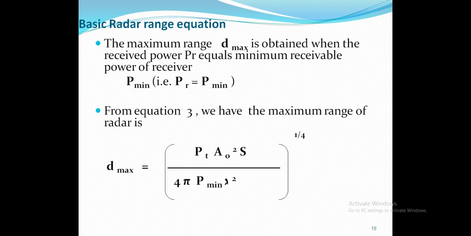We will get Dmax is equal to PT A naught square S by 4 pi P minimum lambda square, all to the power of 1 by 4. So from all these equations, the maximum range radar equation is Dmax is equal to PT A naught square S by 4 pi P minimum lambda square, to the power of 1 by 4.